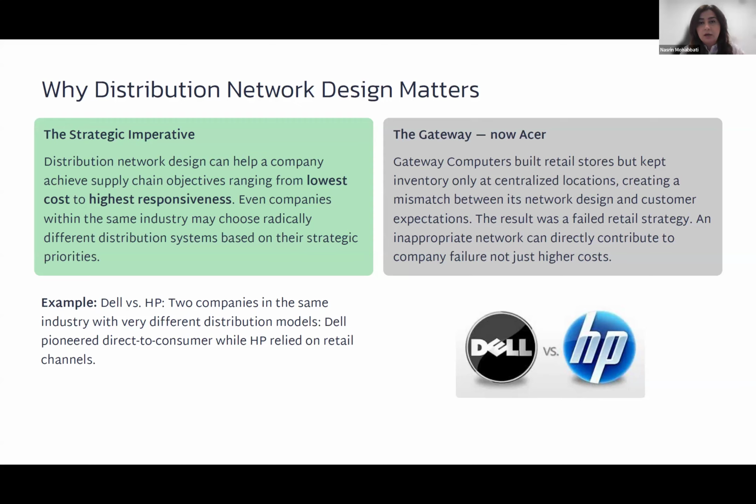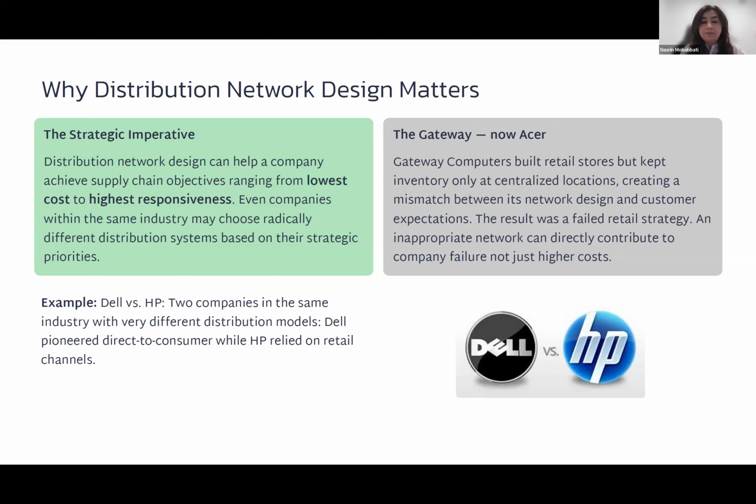Some companies decide to offer fast shipments, being more responsive in terms of customer request and demand. So the distribution network design will directly affect whether we can be cost efficient or responsive in delivering to our customers.